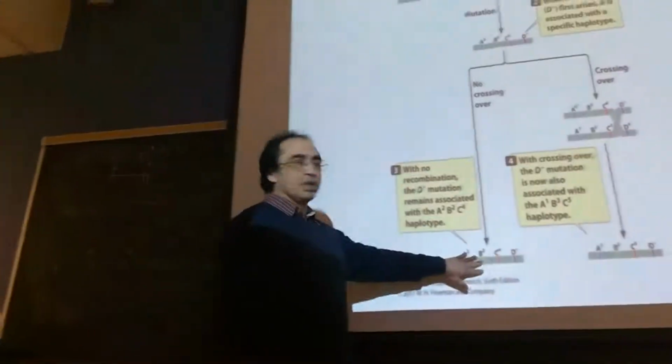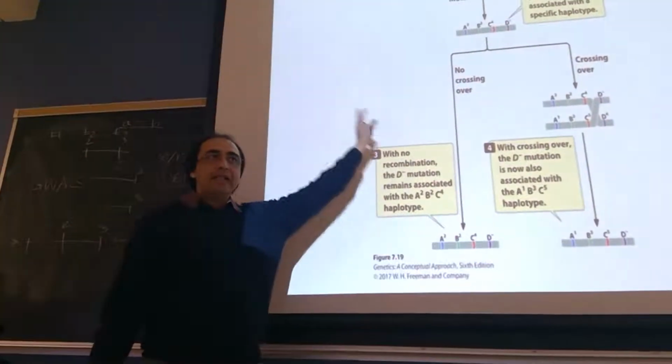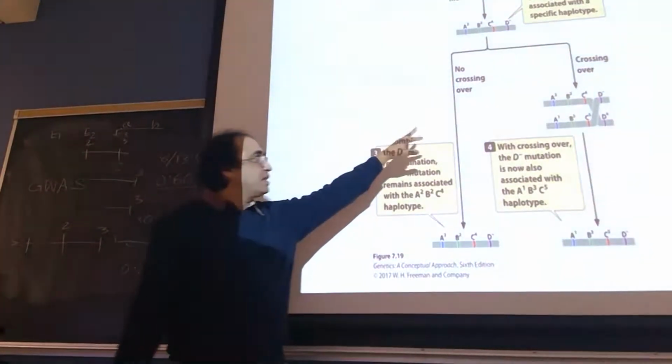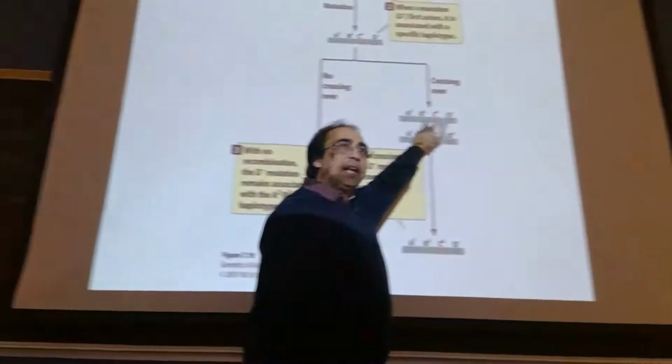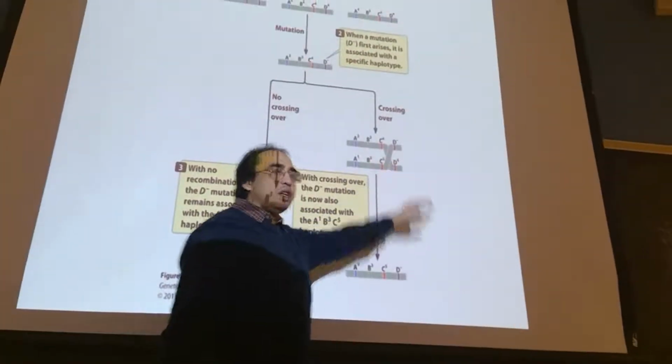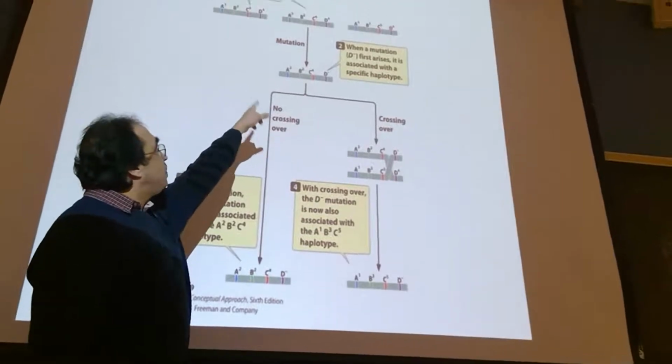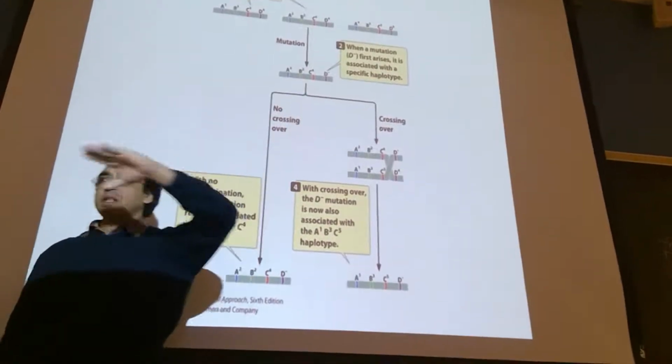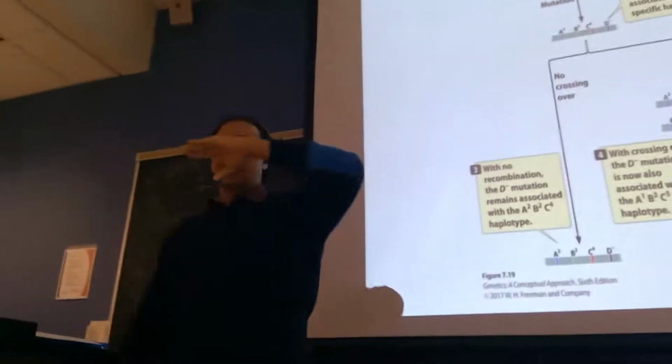But as these are haplotypes, they can pair together and have crossovers. So the D gene, A2, B2, C4, and D was our first haplotype where the mutation occurred.